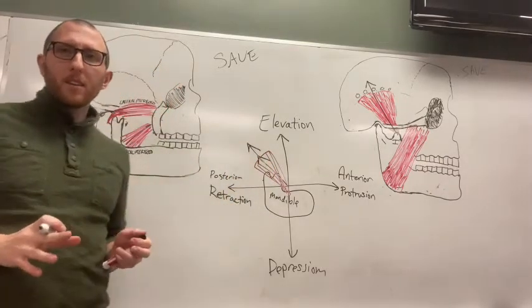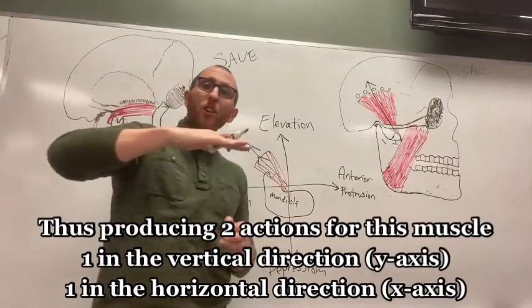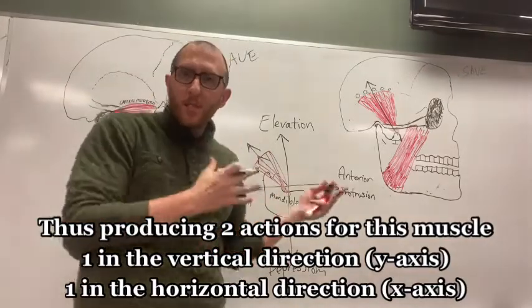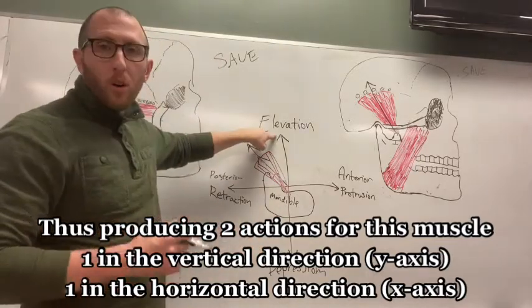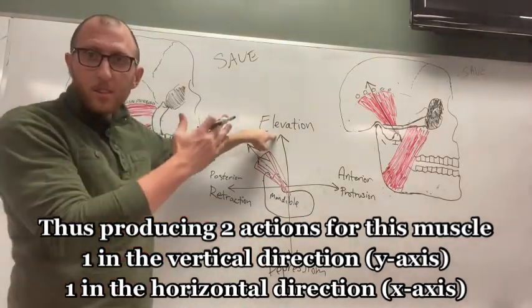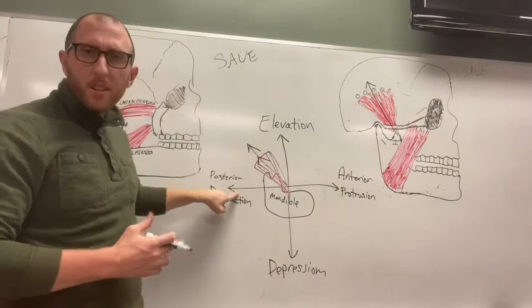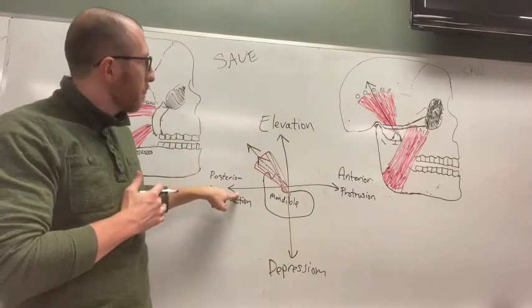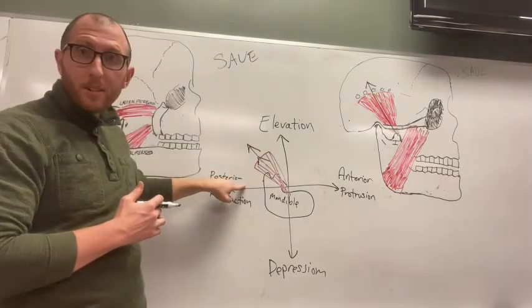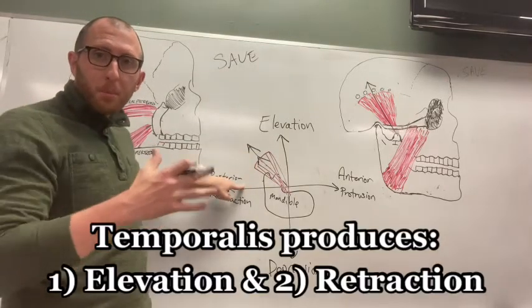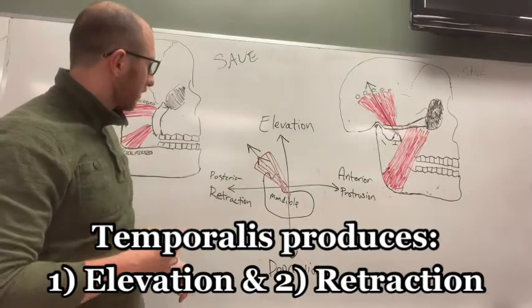What does that mean? That means there's a vertical and a horizontal component for each of these muscles of mastication. The temporalis will pull vertically into elevation and posteriorly into retraction, because the arrow is halfway between elevation and retraction. So temporalis does elevation and retraction there.